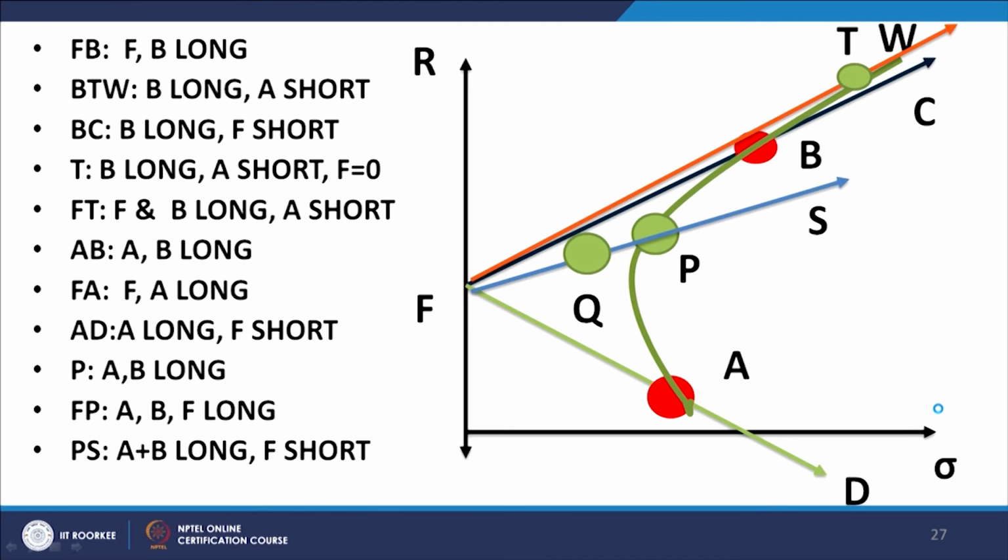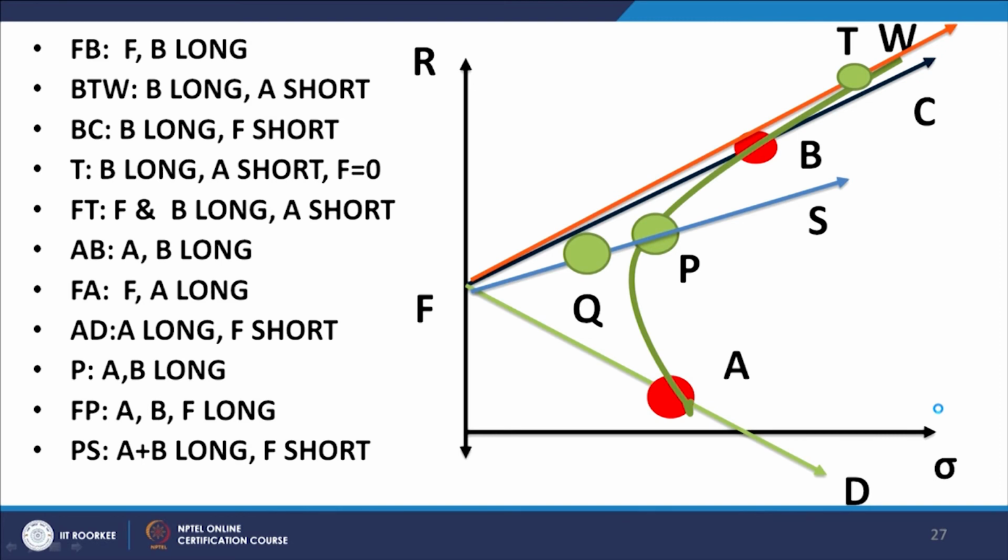So, the point S represents the risk free borrowing and the investment of the proceeds in the combination represented by the point P. So, at the point S we have short in F and long in the securities A and B. So, I have discussed almost all these regions and all these positions of various points on this diagram.